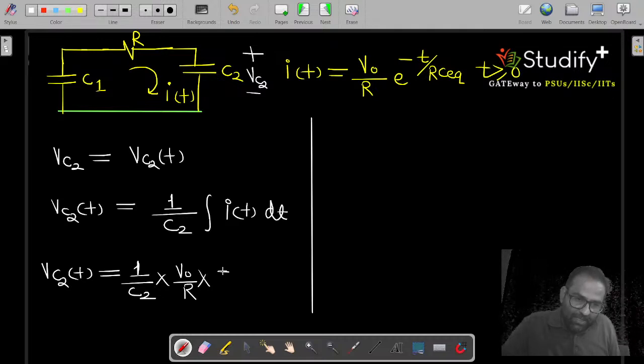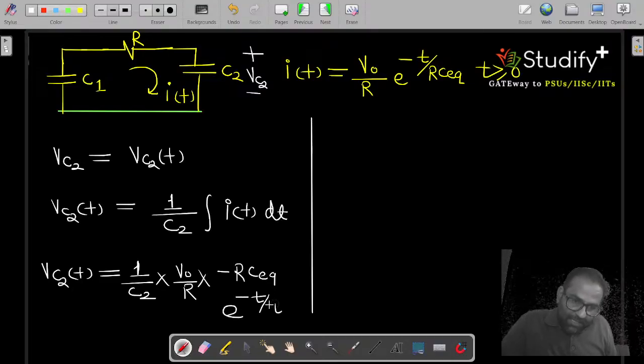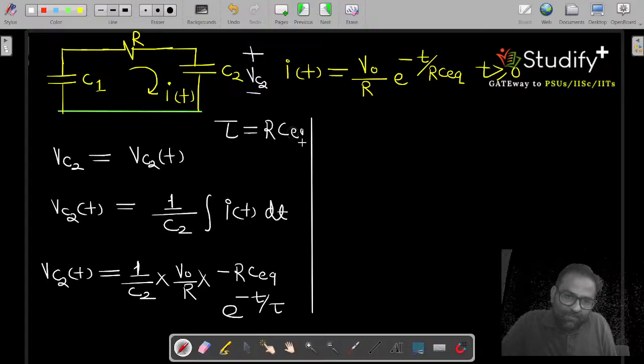It is minus of R into C equivalent, correct? Into e to the power minus of t by tau. What is tau? Tau is a time constant which is represented by R into C equivalent. Correct? Plus one integration constant, that integration constant is K.